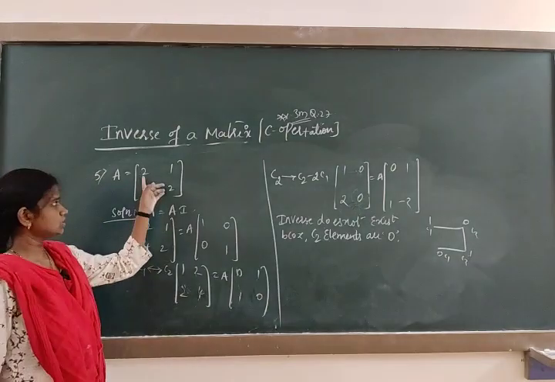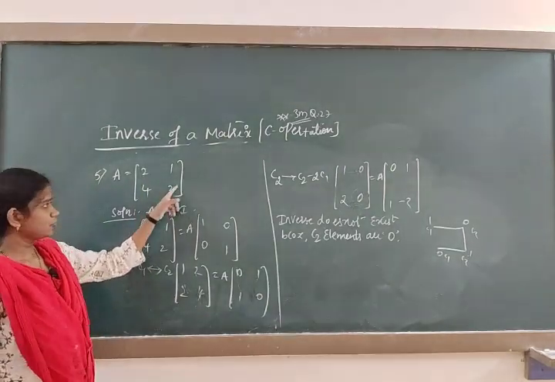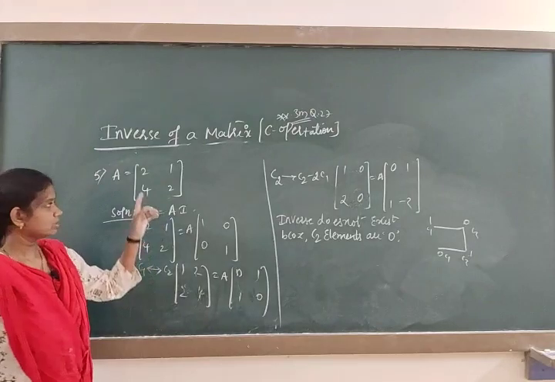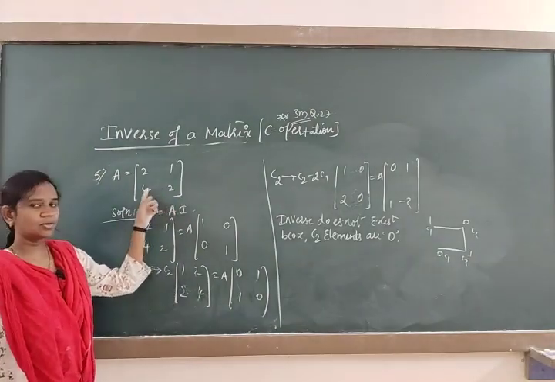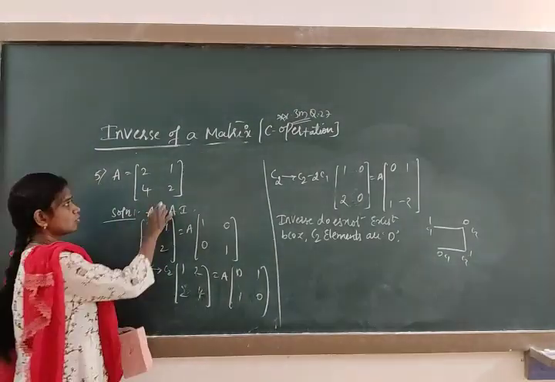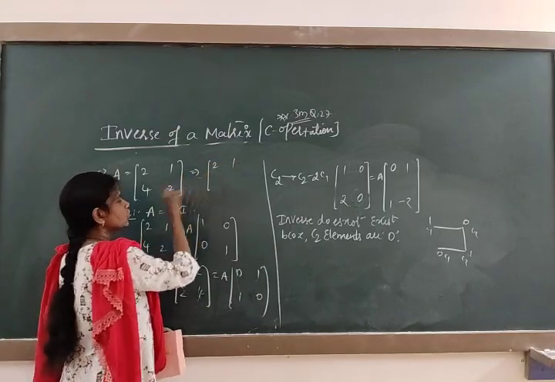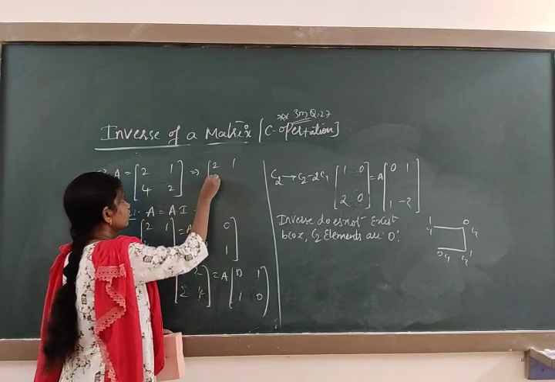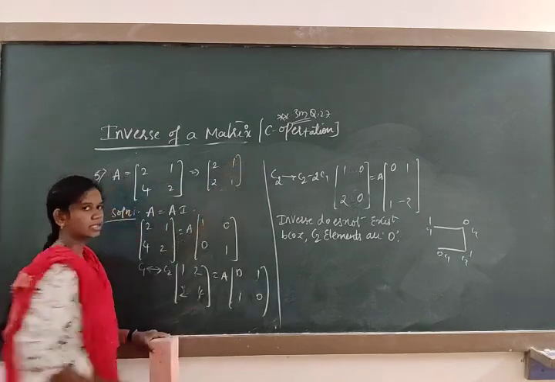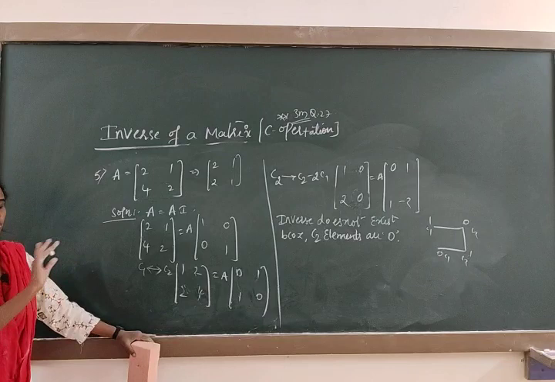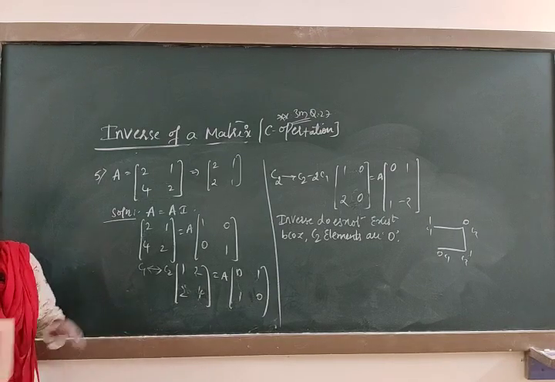Look at the question, it's 2142. As a hint, if you take 2 common from the second row, or else divide by 2, then it will be 2 1 again. It's an imagination, but this is not in your syllabus; it's only a concept.